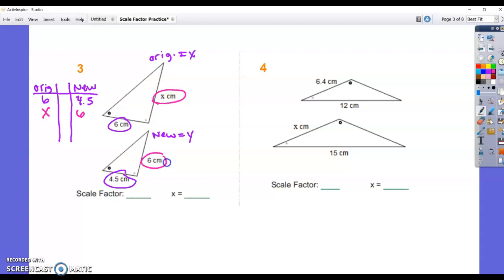So these were corresponding. Okay, so scale factor is the new divided by the original. So 4.5 divided by 6. So 4.5 divided by 6 gives me a scale factor of 0.75.